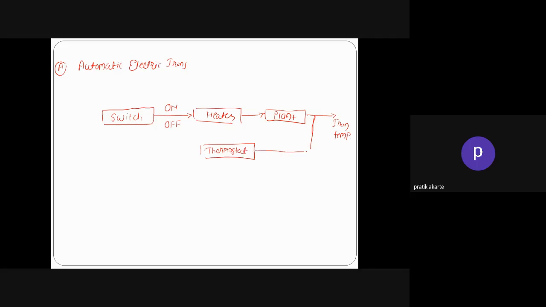The thermostat is a transducer which senses this output iron temperature, and that temperature is then fed to the comparator. This is what we call the comparator, and to this comparator we will have some desired temperature. This path is called the feedback path.